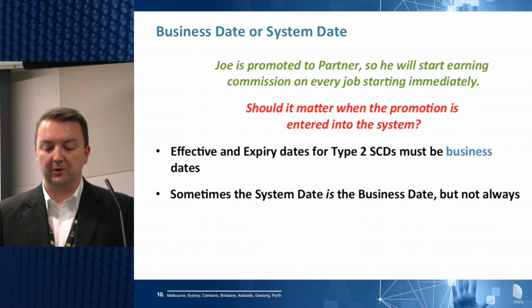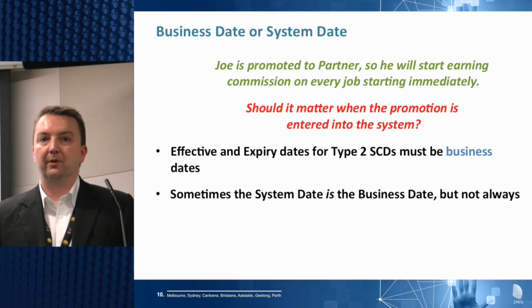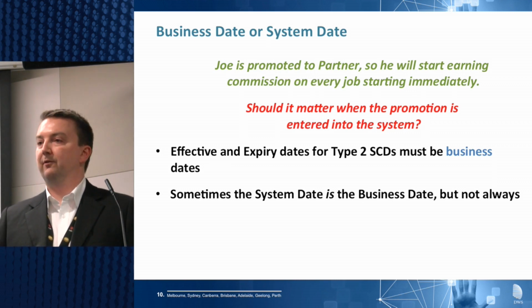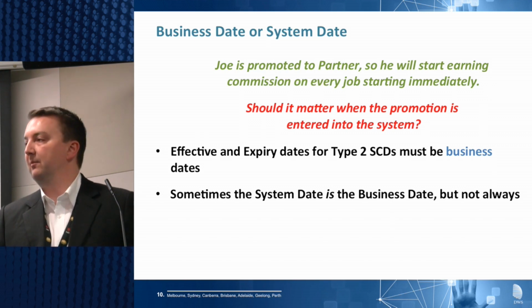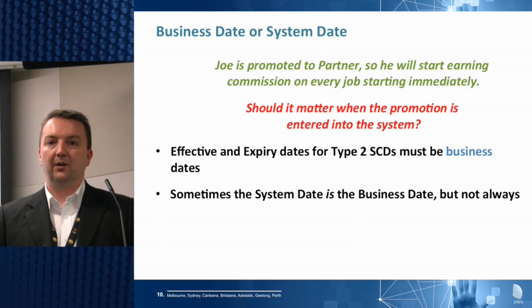We approximate it by the effective time of the file we receive. We receive a file overnight containing changes from the previous day, so I'll use that previous day's date as our business date for the type 2 slowly changing dimension, right?